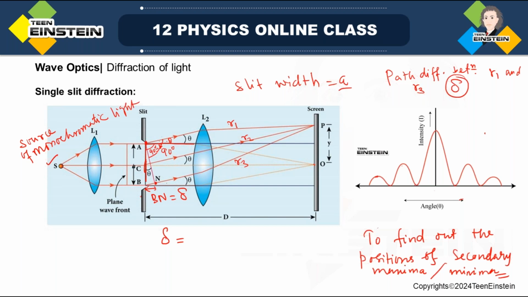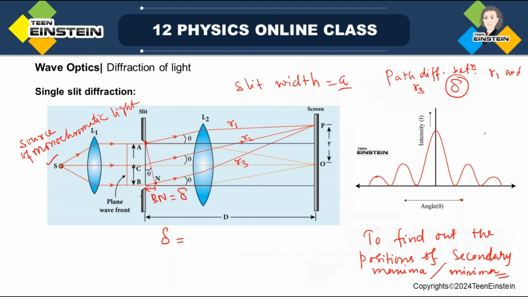Now if this is 90 minus theta, and I have to make this whole angle 90 degrees, then this must be theta, because this angle is 90 minus theta. So I hope you have understood what angle BAN is. BAN is angle theta, as you can see denoted here.